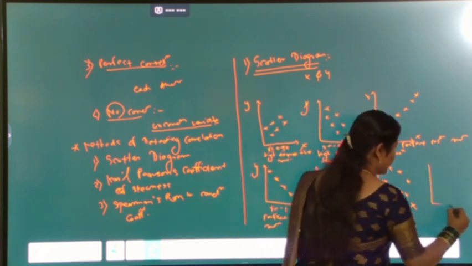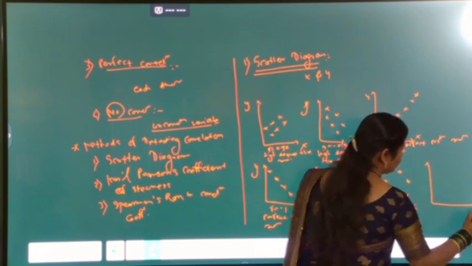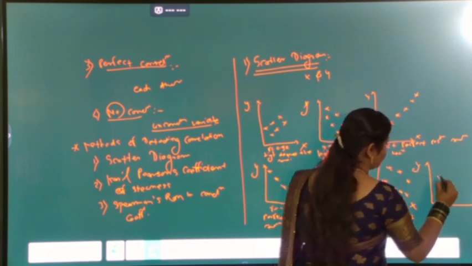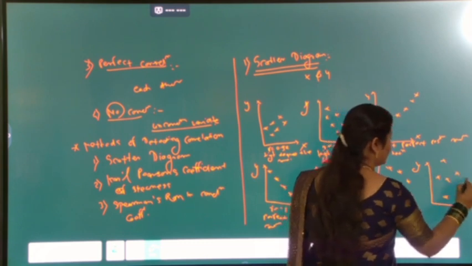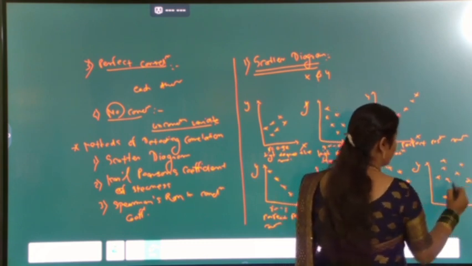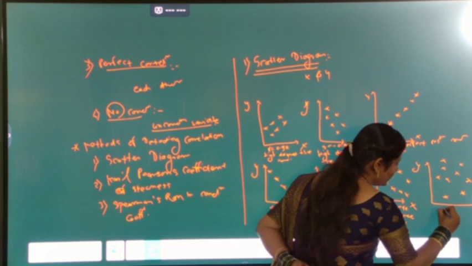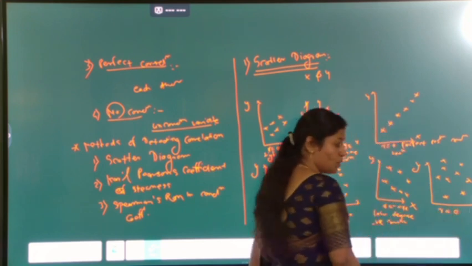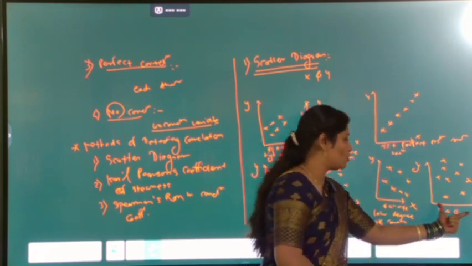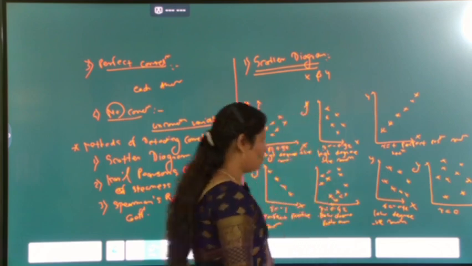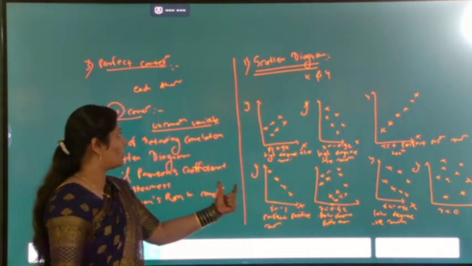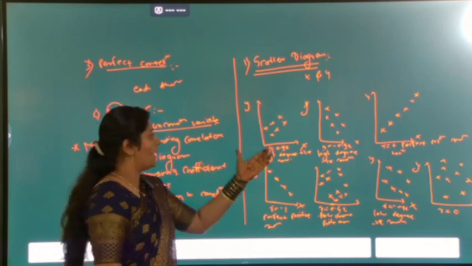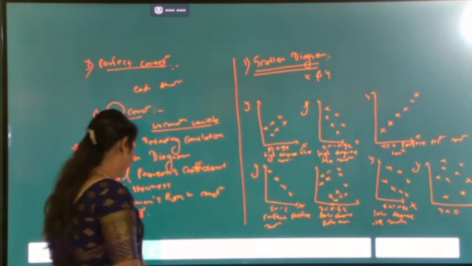And the last scatter diagram: the value of one variable increases, it does not affect the value of the other variable, r is equal to 0, and there is no correlation between these two variables. This is the first method of detecting correlation, which is scatter diagram, and we saw all these scatter diagrams.